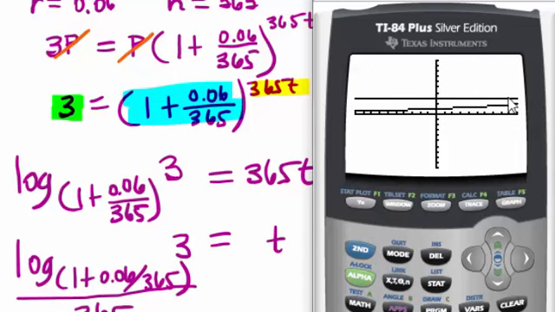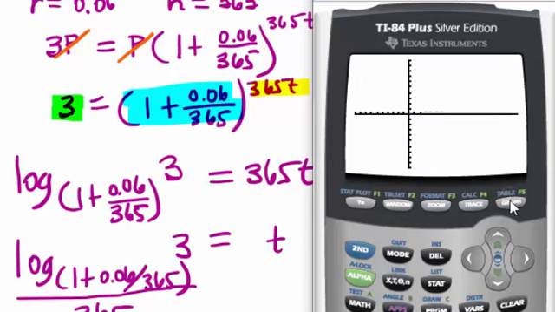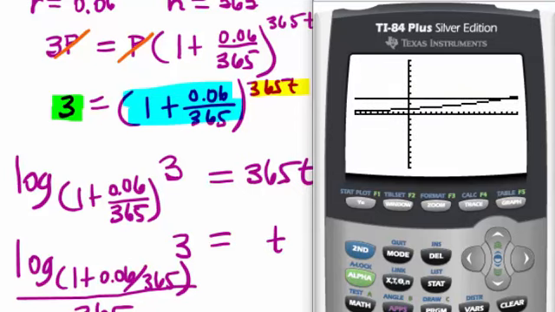We want to actually view the intersection, which is a little bit farther right. So under window, I'm going to adjust my x max to be, say, 20, and then hit graph again. And then using the intersect feature that's under second trace, number 5, then hit enter 3 times, and we again see this 18.31, which is the number of years it will take for that investment to triple.